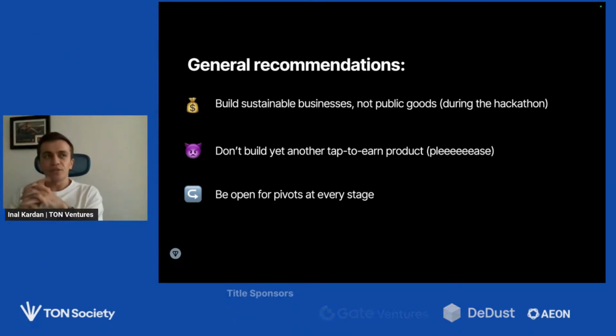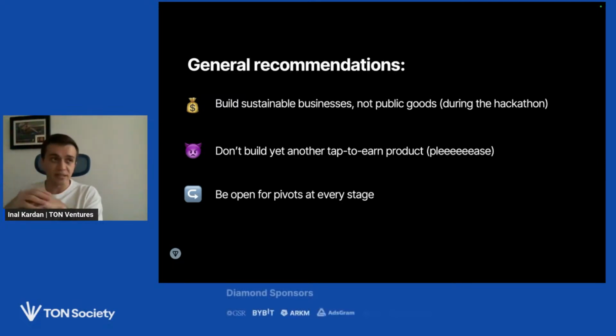In the hackathon, there are a couple of tracks where you can try to build public goods like infrastructure pieces, but even those infrastructure pieces should be monetizable, because only monetization makes your product sustainable. And this is a bold statement, I know. Many can argue, how come, maybe we want to do a library? Maybe you want to, but if you want to win the hackathon, you have to think how you can possibly monetize it in the future.